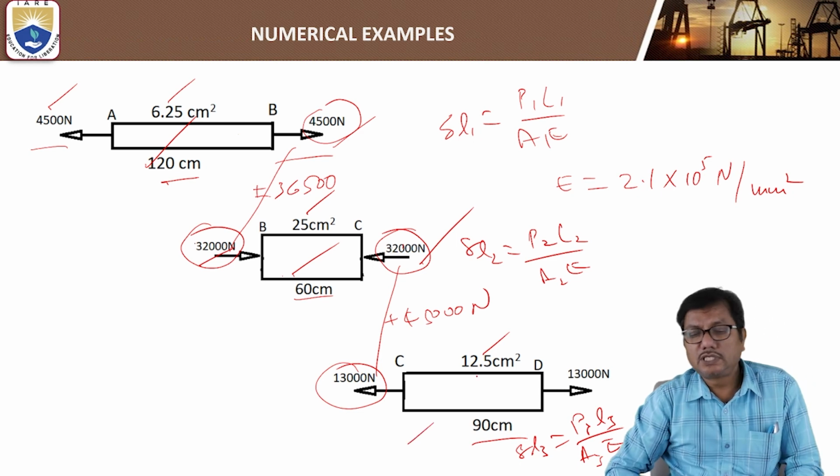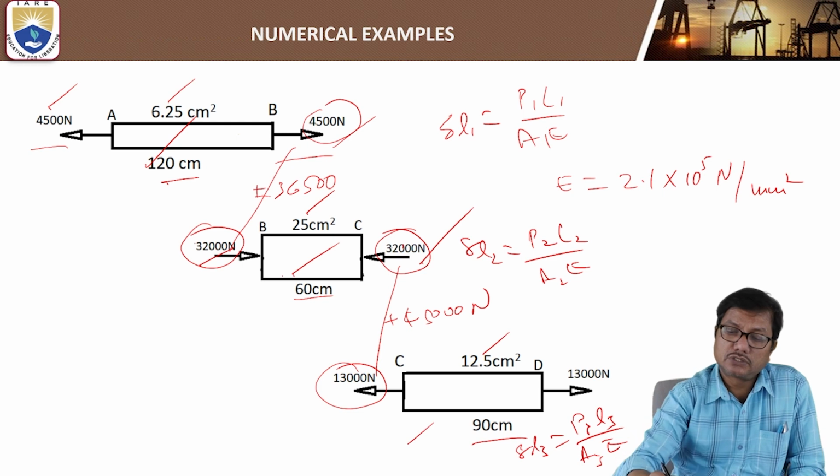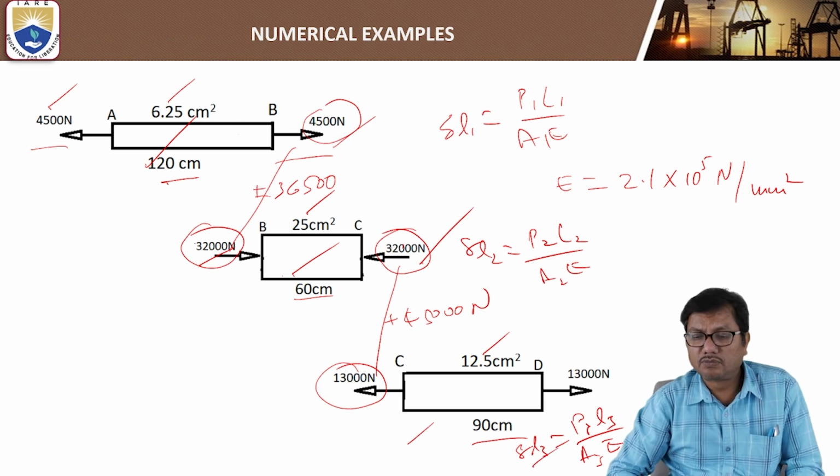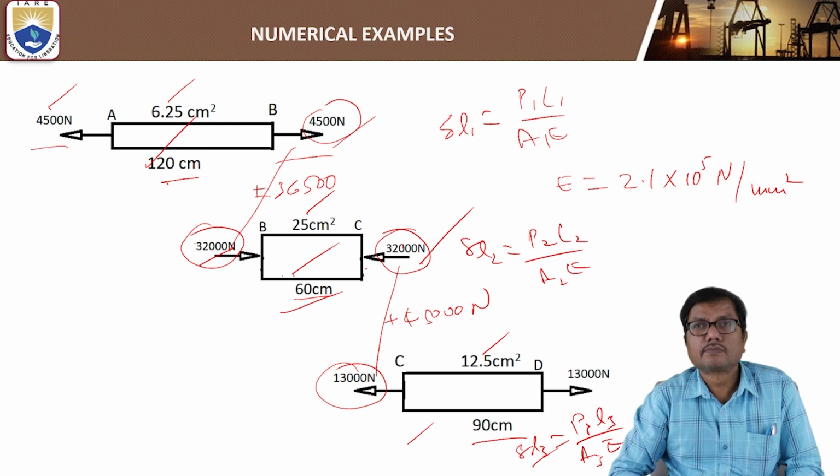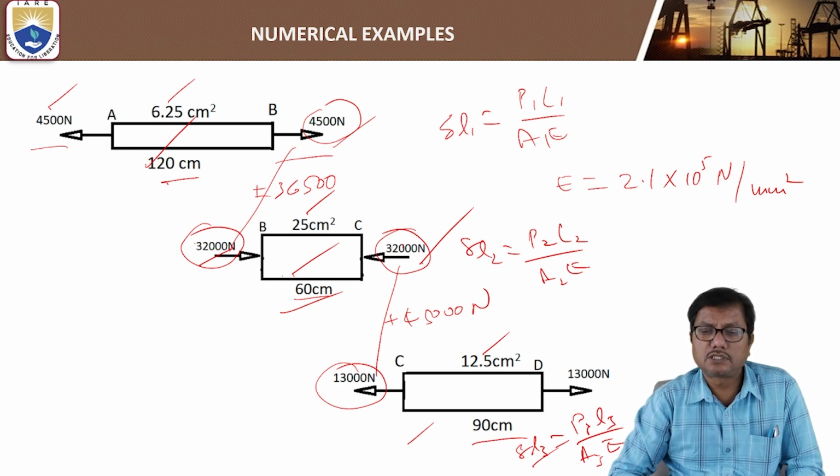Similarly, portion CD is also subjected to tension, so delta L3 is also positive because it is the increase in length of CD. Coming to BC, it is subjected to compression, so delta L2 is negative, that is the decrease in length.